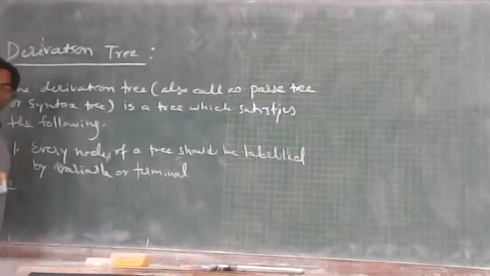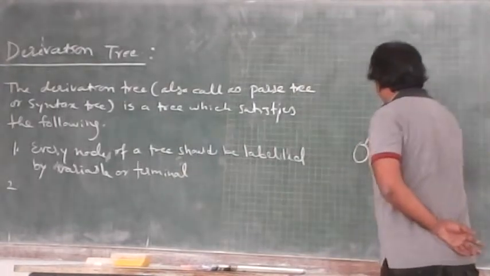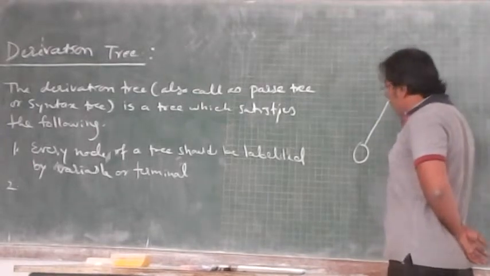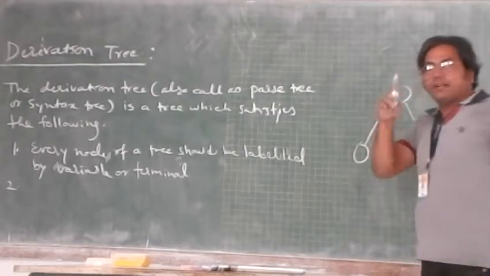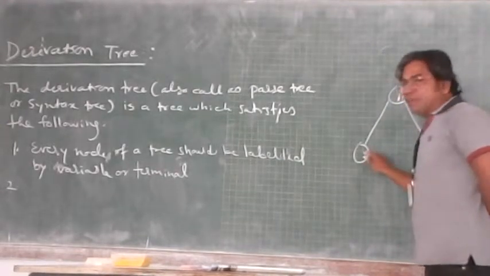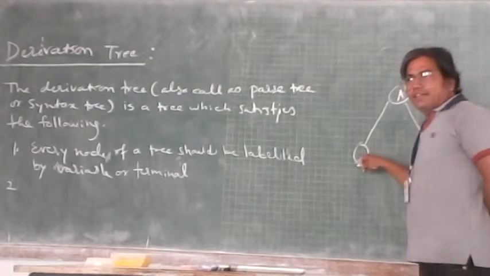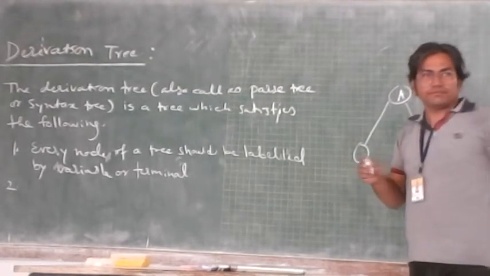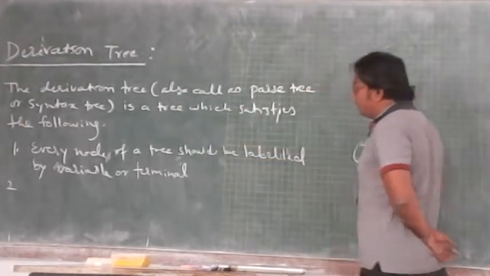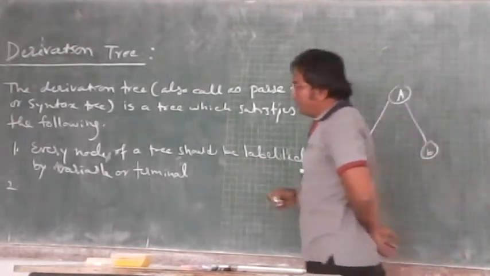So there should not be a tree that is not having labels. Suppose this is a tree, every node of this tree should have some label. Suppose I am writing here A and B and this particular node is not having any label. If it is the case, I say this is not a tree itself. And in our case, we won't say that is a derivation tree in such a case where I don't have any label on that.